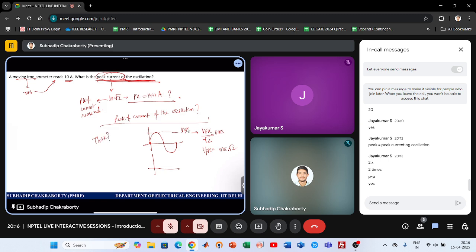Why is it true or not? Because moving iron will give you the RMS value. The RMS value of this signal is already known, which is 10. The peak value is 10 root 2, right? I don't see any problem, but just think if it is true or not. Okay, so let's go to the next problem.